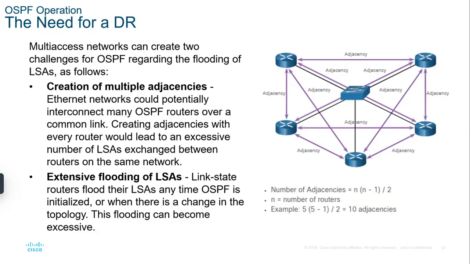So a multi-access network can create two challenges for OSPF regarding the flooding of link state advertisements as follows: creation of multiple adjacencies, and then extensive flooding of link state advertisements. A multi-access network is not like point to point, because with point to point you have the immediate neighbor and that is it.